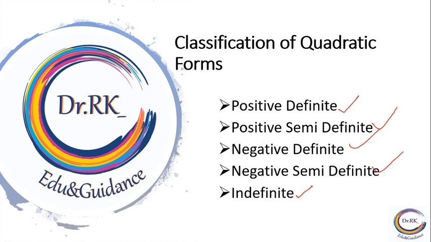The base is that first we have to convert it into canonical form. Once we convert it into canonical form, we can get the rank of the matrix, the index, and the signature. Based on these, we categorize the given quadratic form into the mentioned classes. Sometimes we simply say the nature of the quadratic form or the classification of the quadratic form.